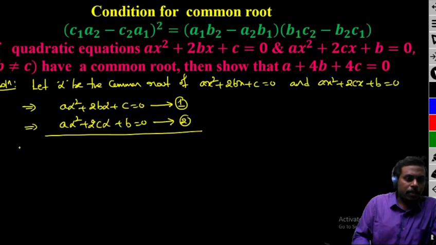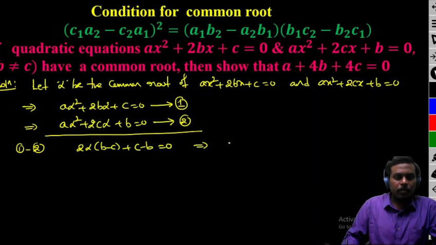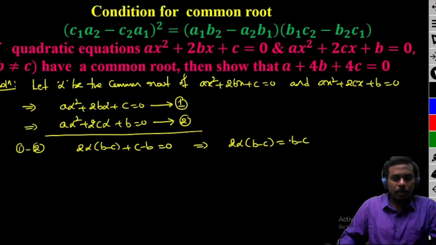Now subtract equation 2 from equation 1. What do I get here is 2 into alpha into b minus c plus c minus b is equal to 0, implies 2 alpha into b minus c is equal to b minus c, implies 2 alpha is equal to b minus c by b minus c, that is equal to 1.